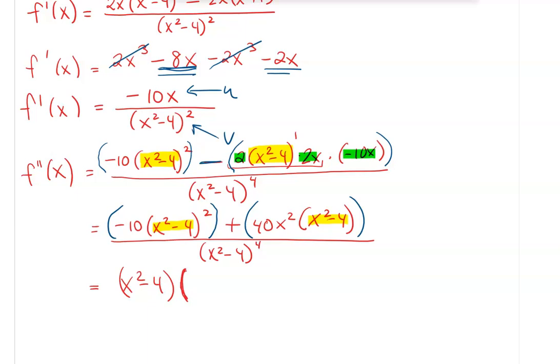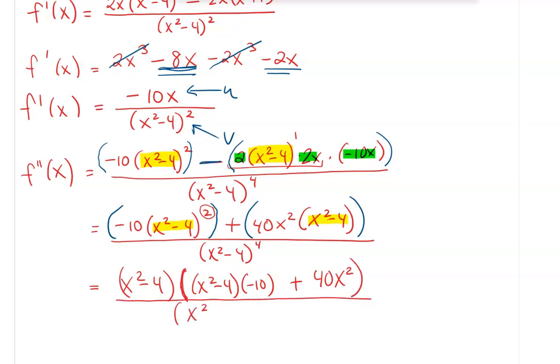When I take out an x squared minus 4, well, I had 2 factors to begin with, so I'll have one more factor of x squared minus 4, and also this factor of negative 10, plus, when I take x squared minus 4 out of this part, I'm just left with the 40x squared. And then all of that is divided by (x squared minus 4) to the 4th power.